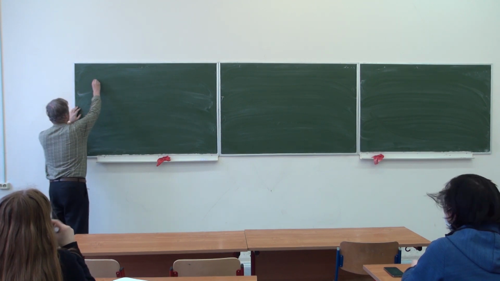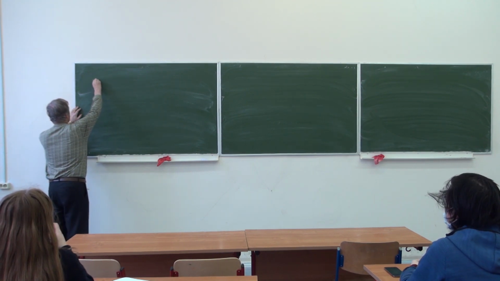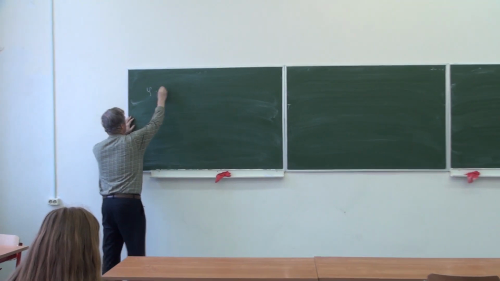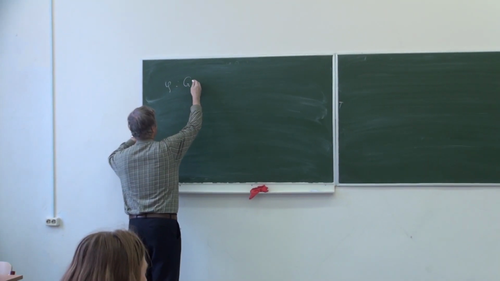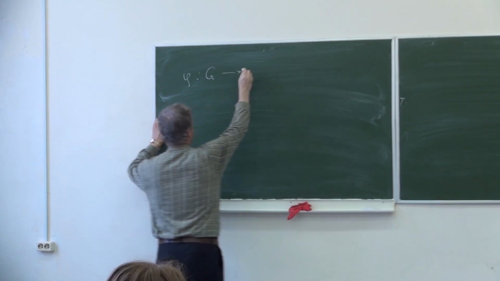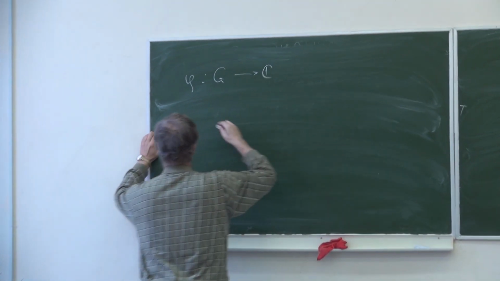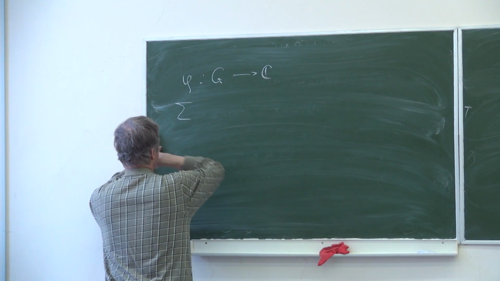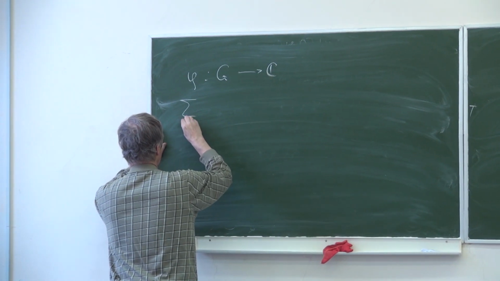So I remind you that a function phi on a group G is said to be positive definite if we have the following inequality.